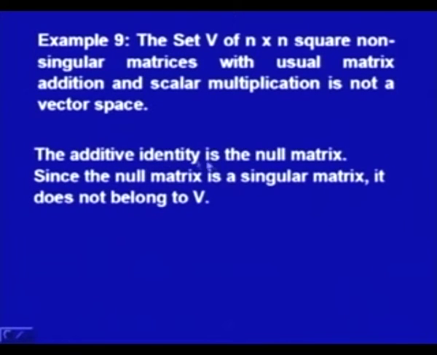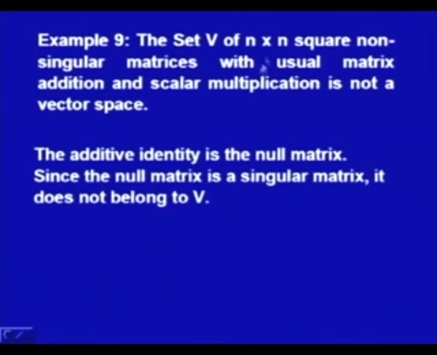the additive identity is the null matrix. We have proved that the null matrix is the additive identity, but this additive identity is not a non-singular matrix. Null matrix has determinant 0, so it is a singular matrix.